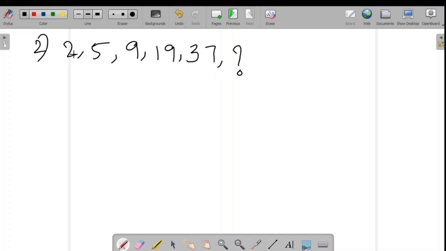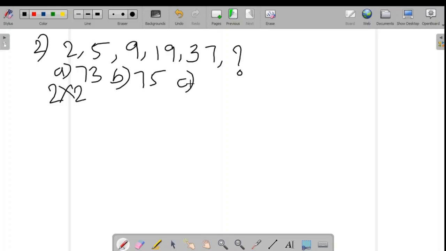Let us try to observe the relation between these two numbers, how from 2 we get 5. Before that, let me write the options here. Option A is 73, B is 75, option C 76, option D 78. Okay, so let me erase this.